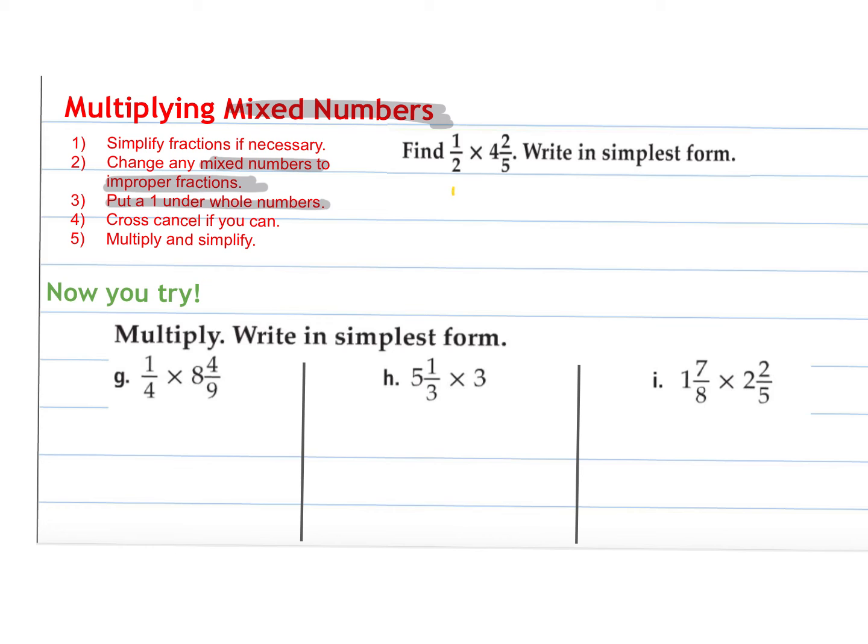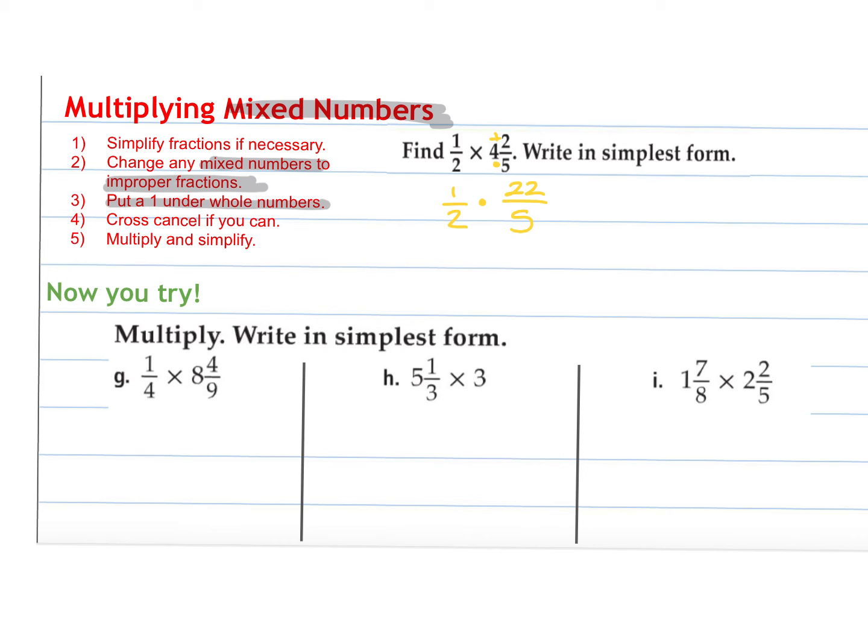So here I have 1/2, I can leave that the same. 4 and 2/5, I'm going to change to an improper fraction by multiplying and adding. So 4 whole 5 out of 5s is 20/5 plus 2. So we're multiplying by 22/5.